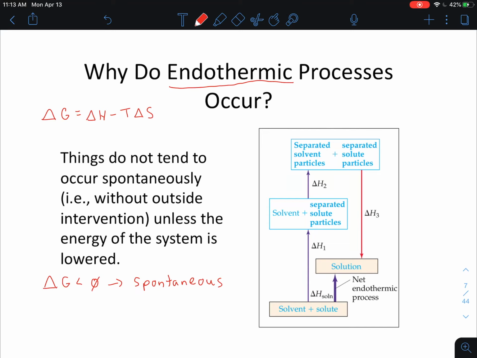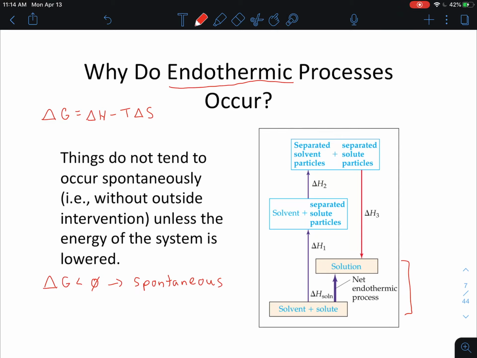So here it says, things do not tend to occur spontaneously unless the energy of the system is lowered. So now in this picture, we're saying, what if the energy after solution formation is higher than the isolated energy for solvent and solute? And I guess I should be more specific here.